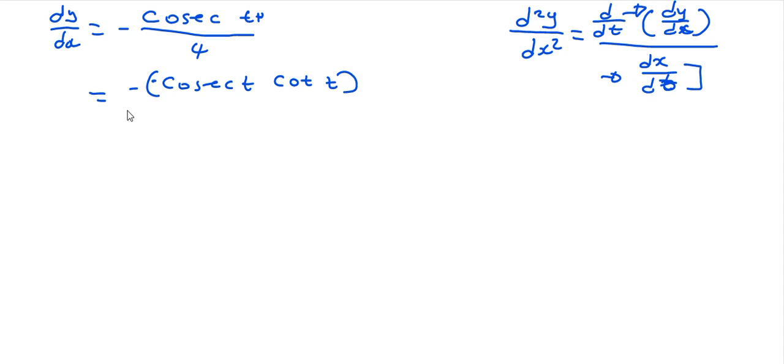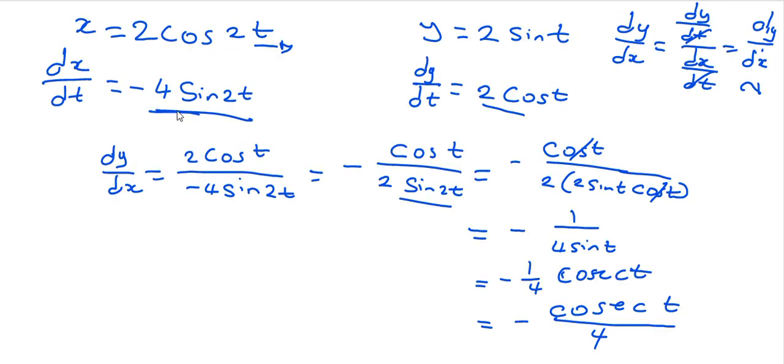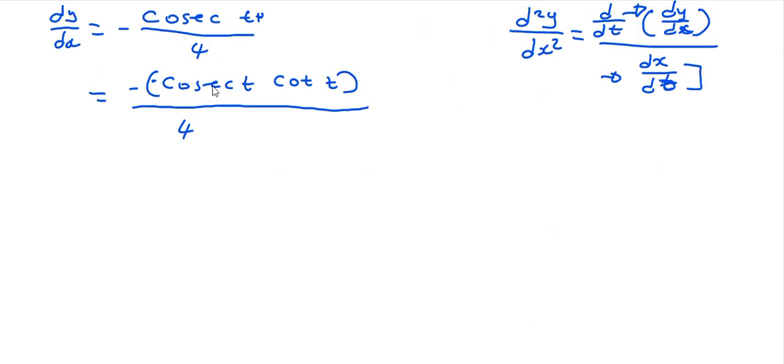And then let's focus on the other one. Remember, we're going to put the dx over dt. We said the dx over dt is negative 4 sine 2t. And then let's express it.